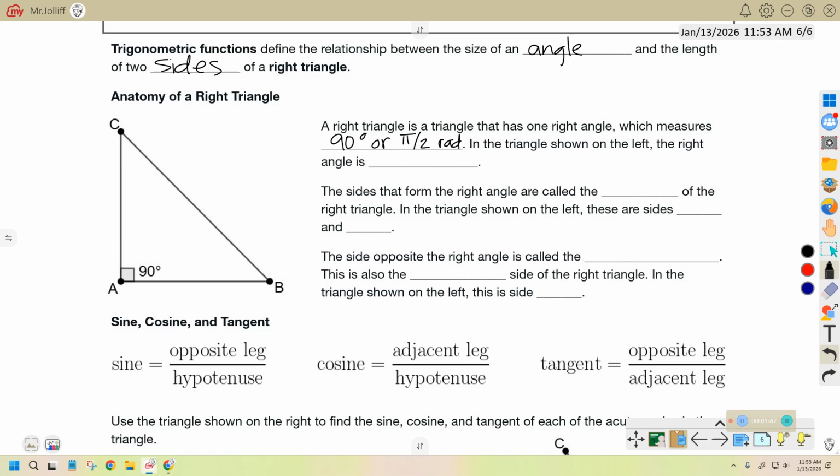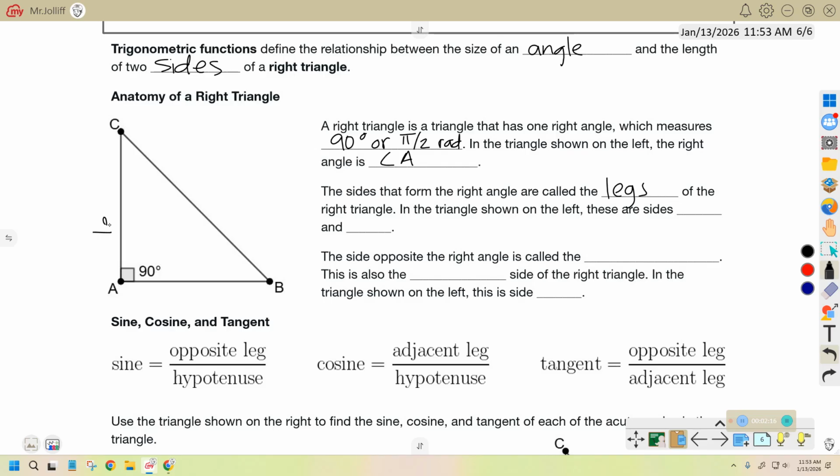In this picture, my right angle is angle A. We define the sides of the triangle based on where they sit relative to that 90 degrees. Two of those sides are the sides that make the 90 degrees. Those sides are called the legs of the triangle.